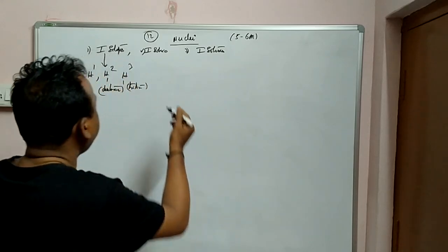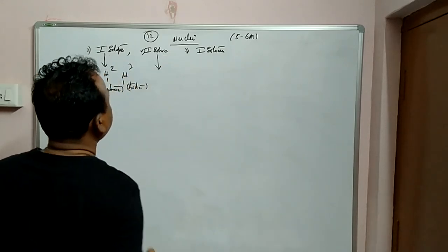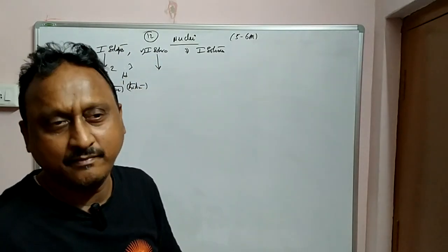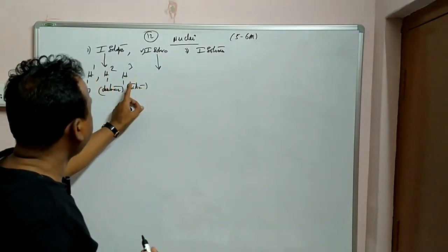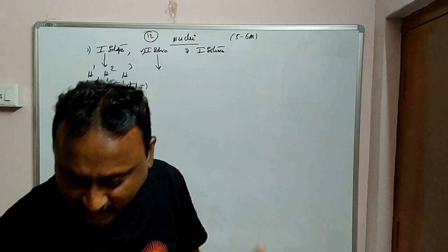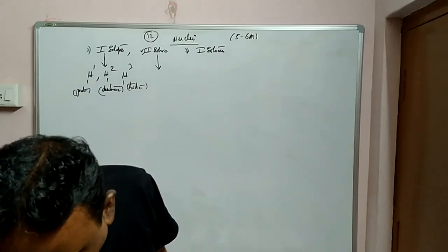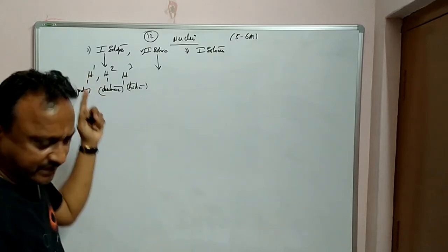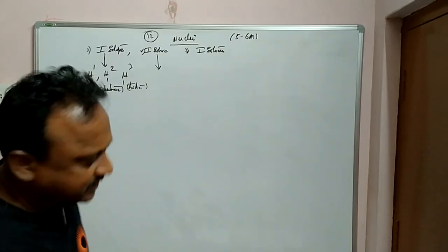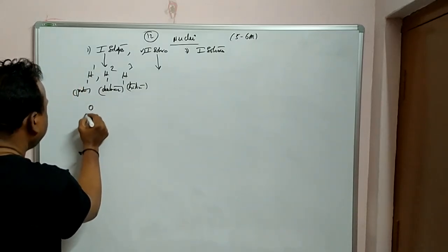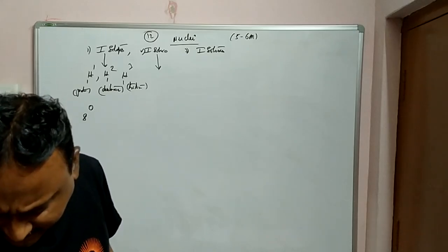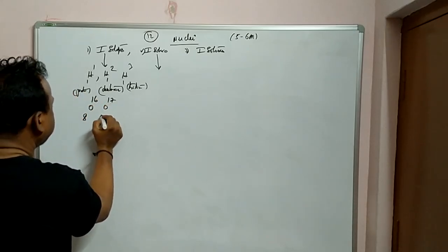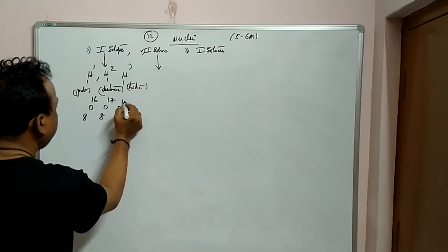In the same way, coming to isobars. In isobars, mass number will be the same and atomic number will be different, of different elements. You can take an example other than hydrogen also. You can even take oxygen: 8, 16, 17, and also 18.